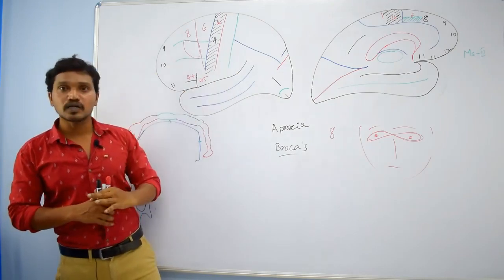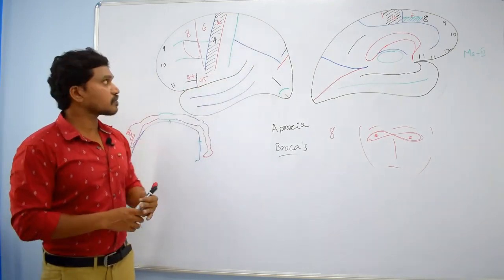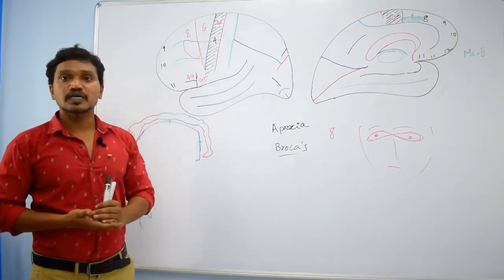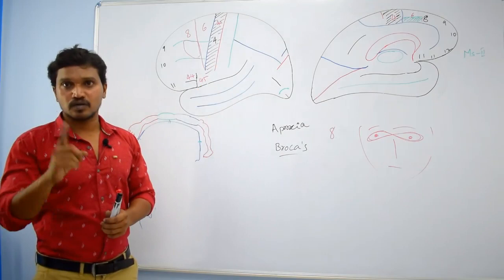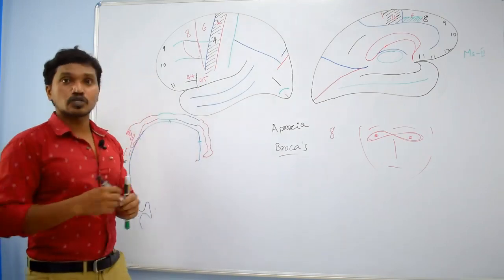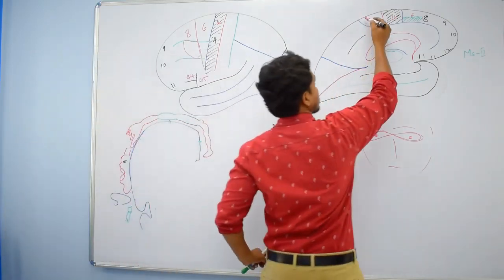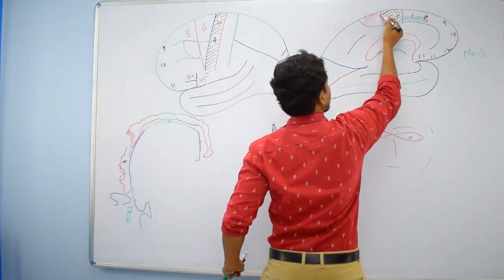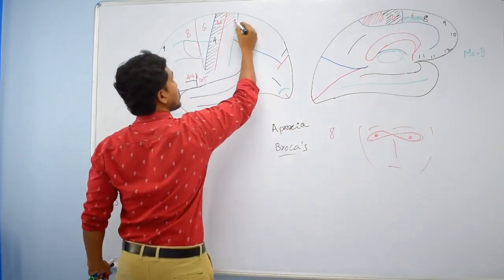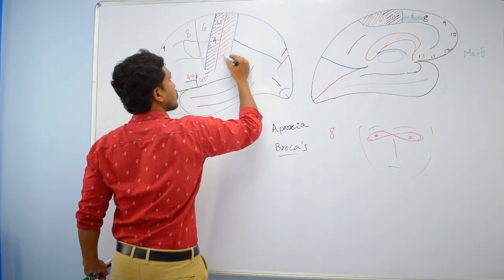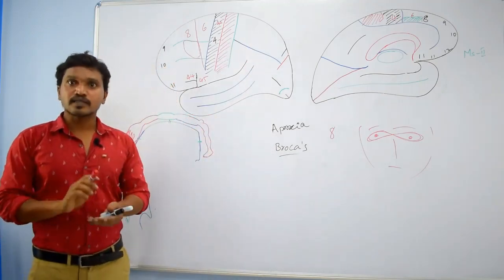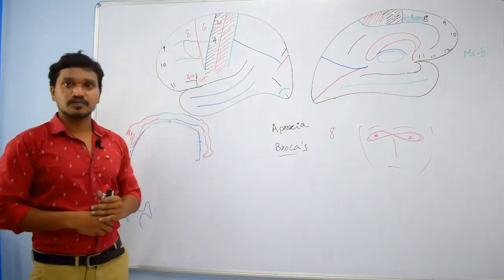Now we will go for the parietal lobe. This parietal lobe, posterior to the central sulcus, this area we call somesthetic area number 1. This is the somesthetic area which includes the posterior part of the paracentral lobule and the postcentral gyrus. Right? Then, what is the function of it? How does it work?